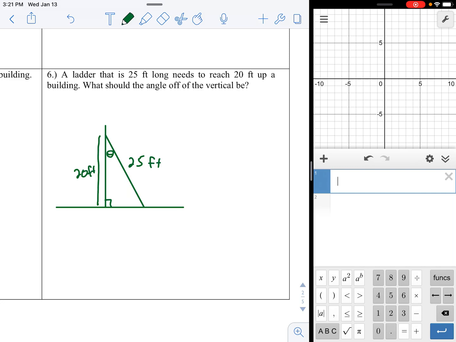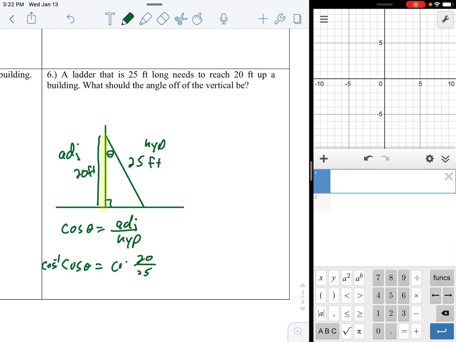So what do we have here? We've got a hypotenuse, and then this side is touching theta, which makes it the adjacent. Hypotenuse and adjacent is cosine. Cosine of theta equals adjacent over hypotenuse. So cosine of theta equals 20 over 25. Why did I leave a little space right there? Hopefully you know. It's because in my next step, I need to do the inverse cosine of each side to cancel out cosine.